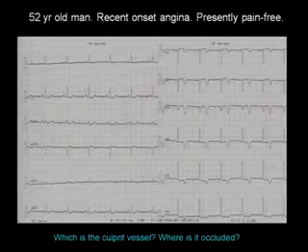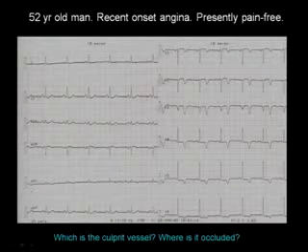The other pattern that I told you is symmetrical T inversion in the precordial leads. So here if you find symmetrically inverted T waves, which is a classical pattern described in the stenosis of a proximal left anterior descending artery, they were described by de Zwaan. So in Europe they are called de Zwaan's T waves, or they are also called Wellens syndrome.